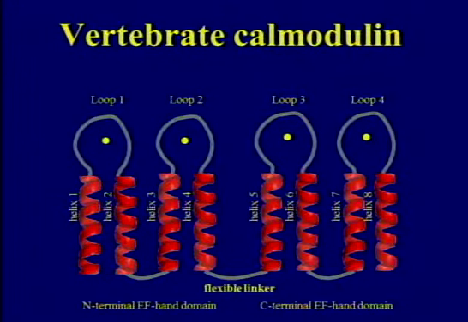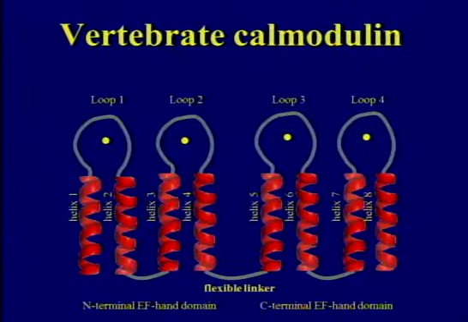So the aim of today is to show how these things are useful in terms of characterizing flexibility within large multi-domain proteins, and our pet system for that is vertebrate Calmodulin, which is a two-domain protein. Each domain contains 4 helices, and each helix-turn-helix motif binds a metal ion.